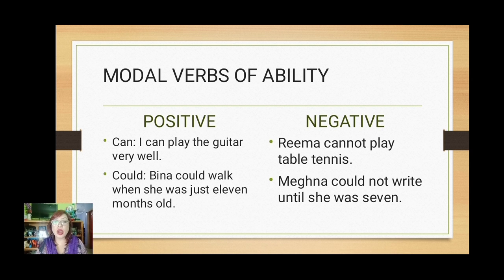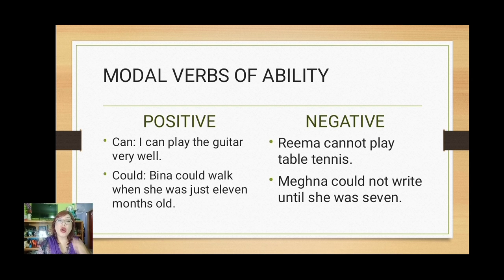Bina could walk when she was just 11 months old. Now here the word could is a modal verb which is telling us something about the main verb. Which is the main verb in this sentence, students? Yes, absolutely correct. It is walk, right? Walk denotes action.